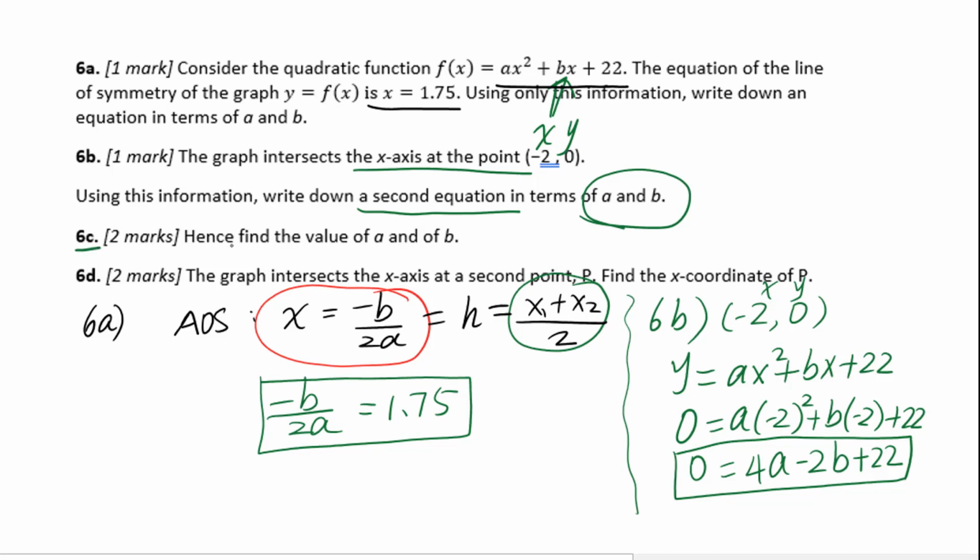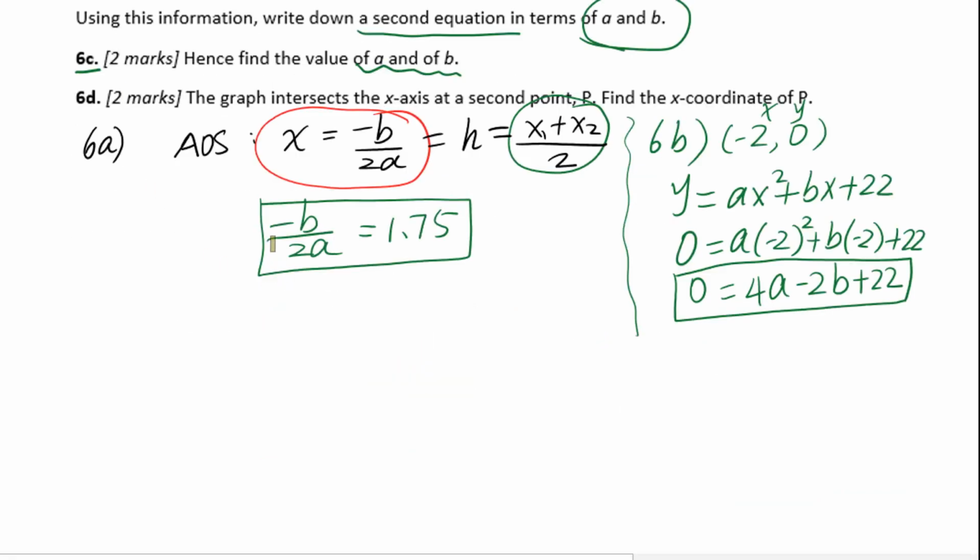6c, hence, find the value of a and b. Basically, we got to use these two equations to figure out a and b, solving this system of equations. The first equation is negative b over 2a equals 1.75.